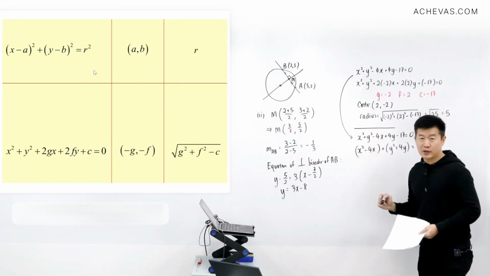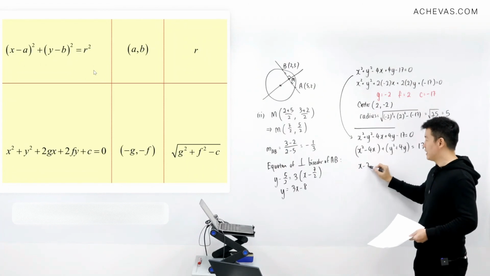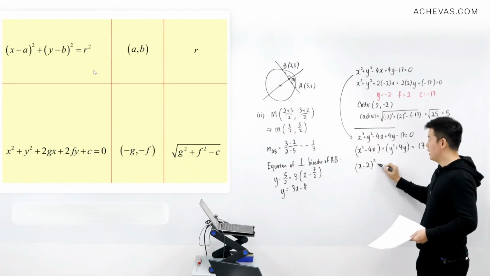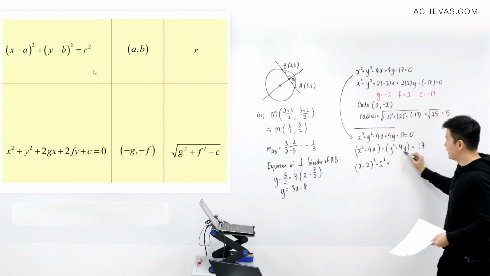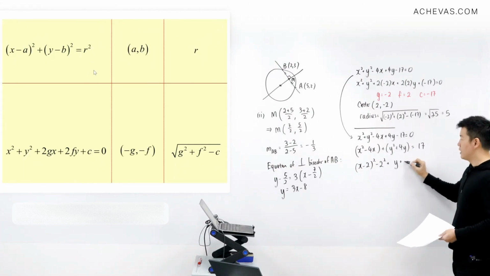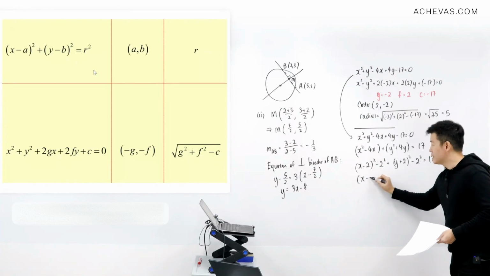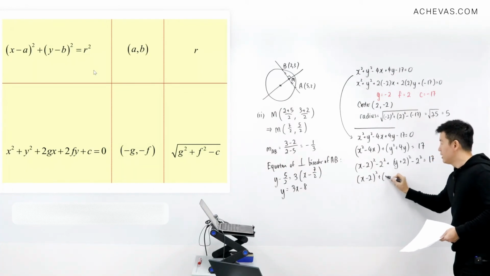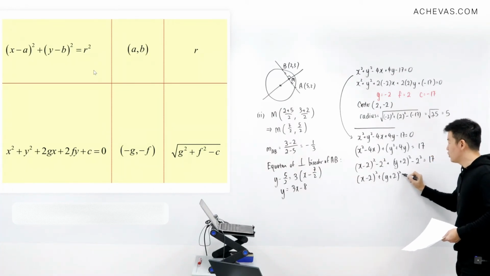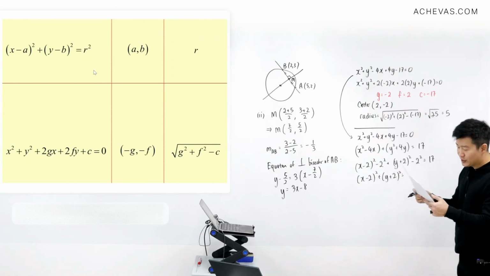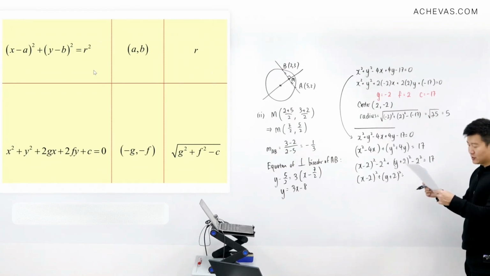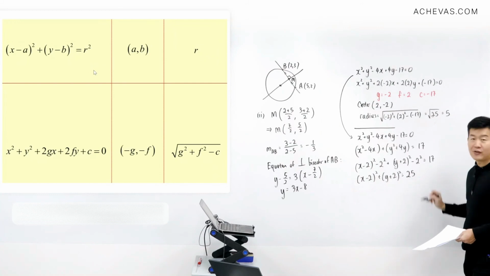So completing square to this, it is going to be x minus 2 squared minus 2 squared. Then completing square to this will be y plus 2 squared minus 2 squared. This is going to be equal to 17. So what we have now is x minus 2 squared plus y plus 2 squared is equal to, if I were to bring this over to the right hand side, 25.